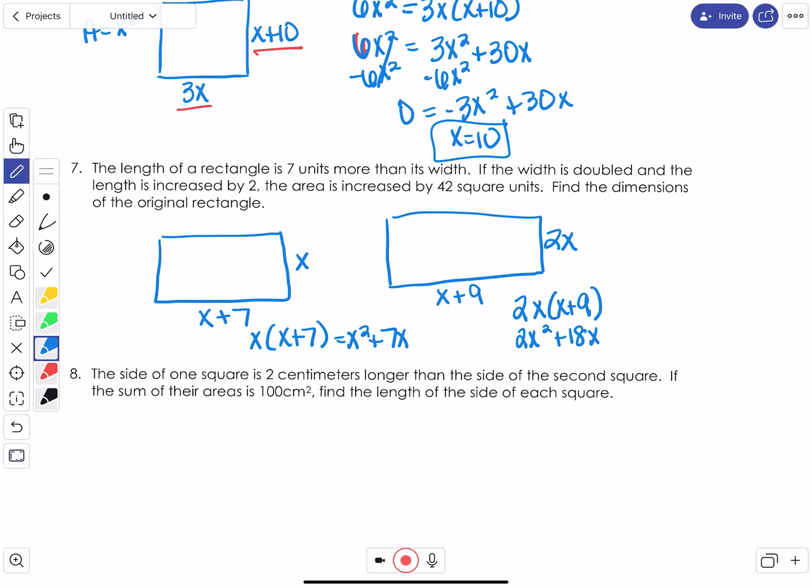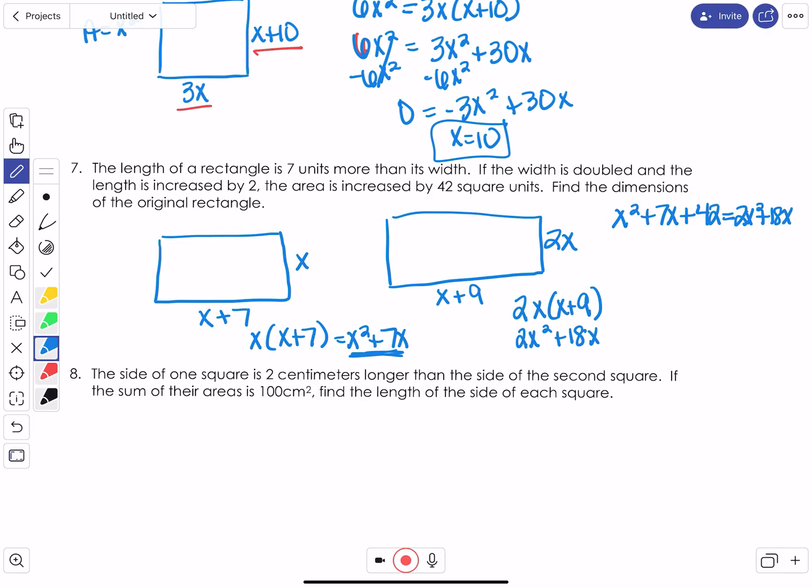The width is doubled and the length is increased. The area is increased by 42 square units. So what we want to do here is we're going to take this, x squared plus 7x, and then it's increased. That's what it's talking about, increased by 42 square units. And then we set it equal to 2x squared plus 18x.